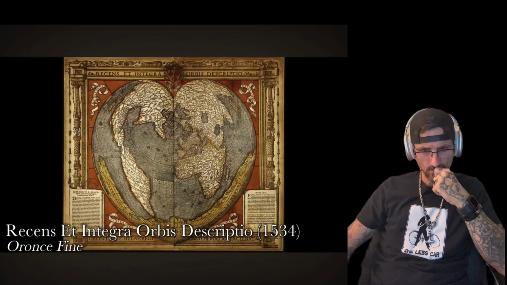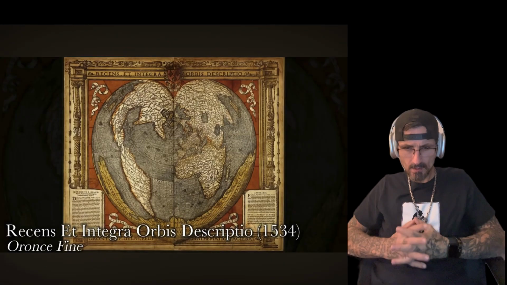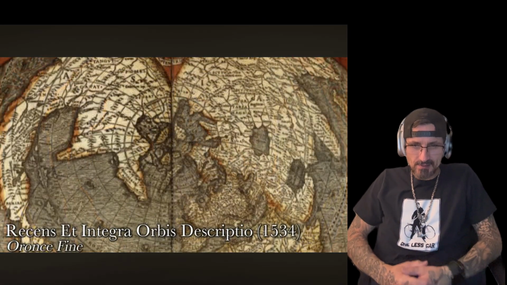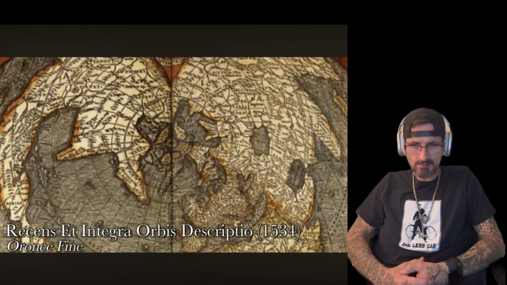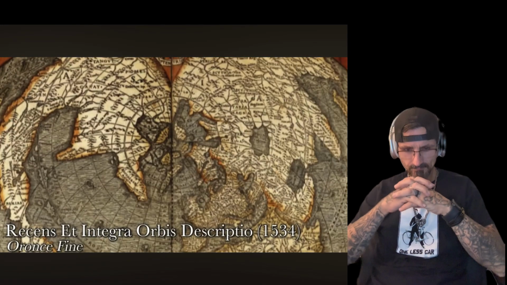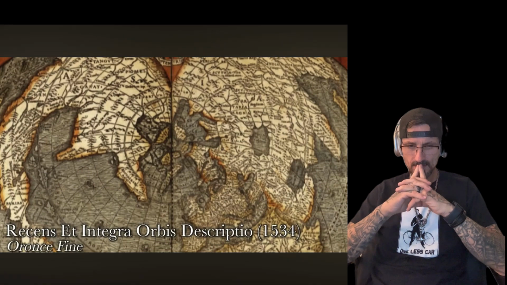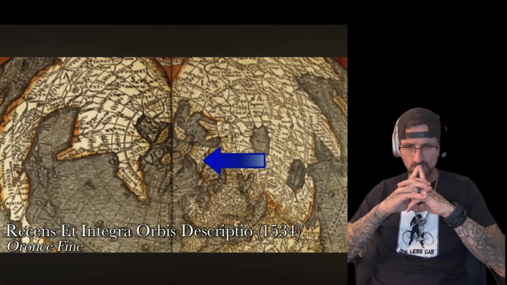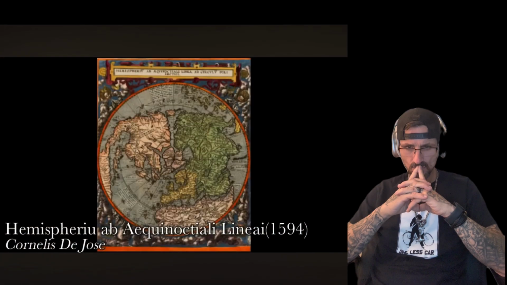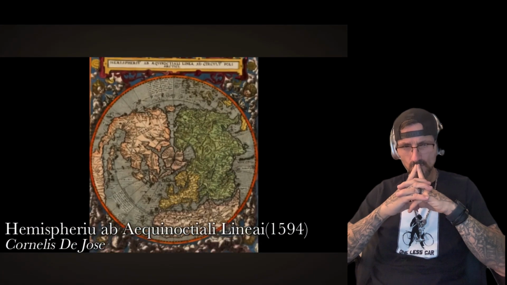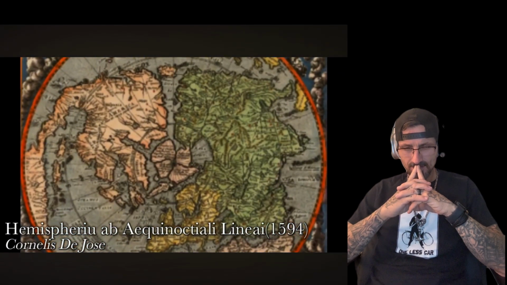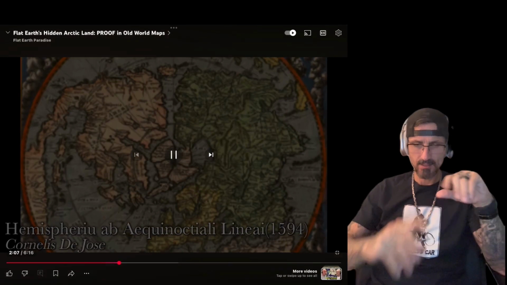This map from 1534, made by the same mapmaker, gives us a similar but slightly different configuration. The North Polar lands are seen as 5 or 6 large islands, and the center being what appears to be a central island, again with a large rock formation. This is Greenland, Scandinavia, Iceland, and Canada. This map is from 1594 and made by Cornelius de Jode. At first glance, we notice how magnified the North Polar region is compared to the previous map.